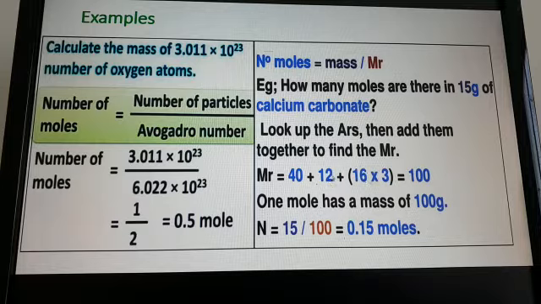So 40 plus 12 plus 48 is 100. One mole of calcium carbonate has a mass of 100 grams. So the number of moles in 15 grams is 15 divided by 100, which equals 0.15 moles.